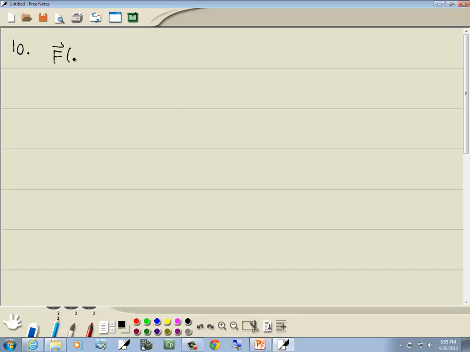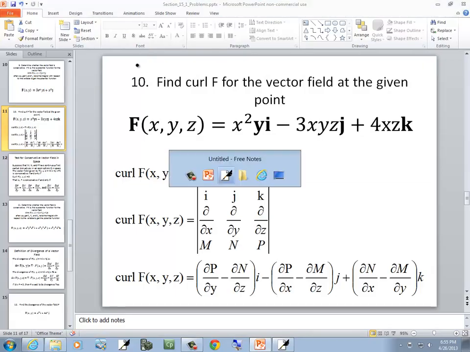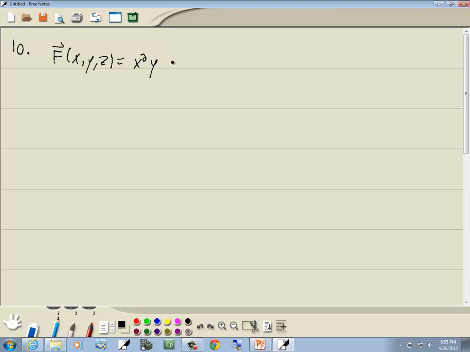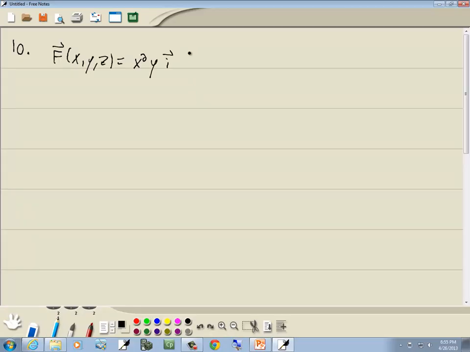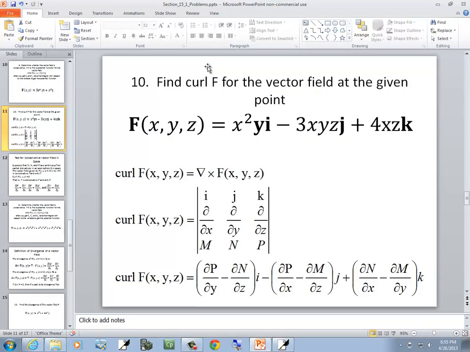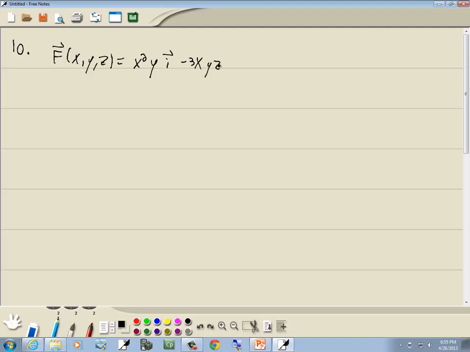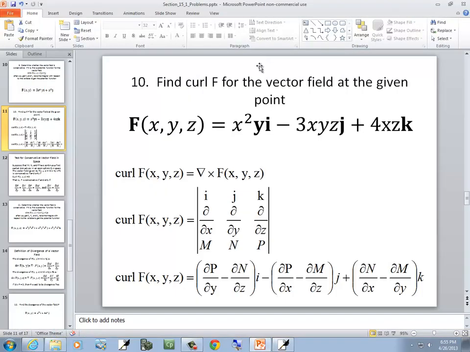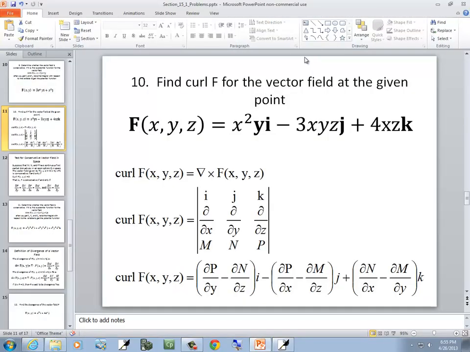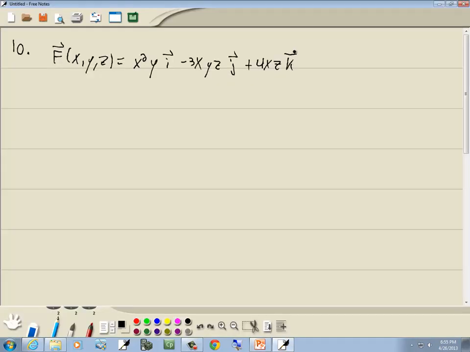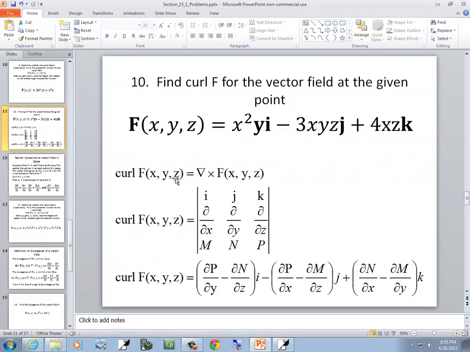Okay, so F is going to equal x squared yi. That y shouldn't be bold. That's not a vector. Minus 3xyz j plus 4xz k. Okay.